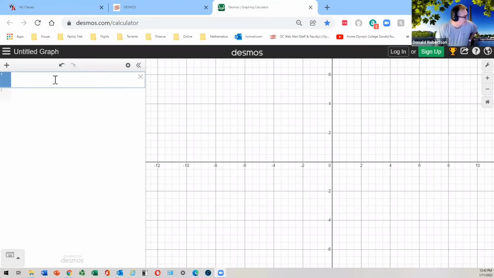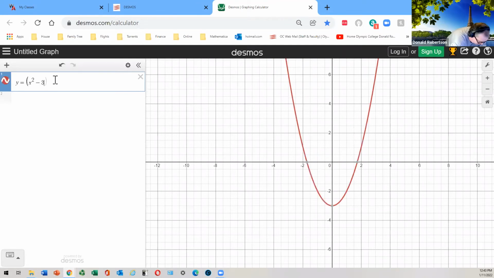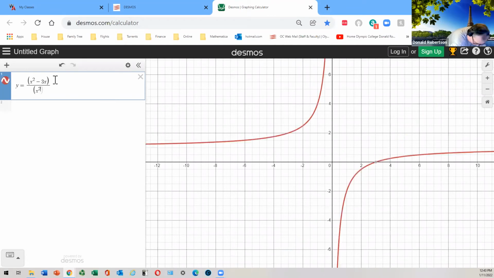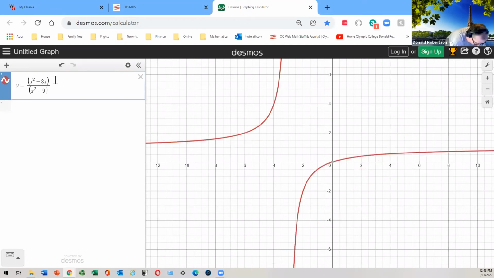Yeah. Okay. So y equals, I better put a bracket around this just to be safe. x squared, take away 3x on the top, divided by, just to be safe, another bracket, x squared, take away 9.